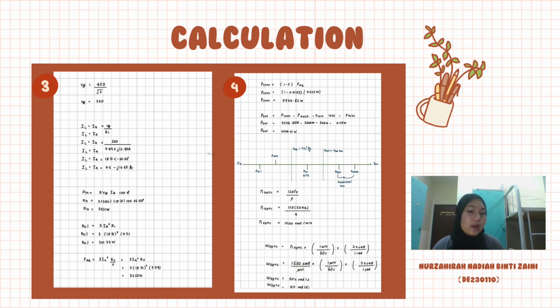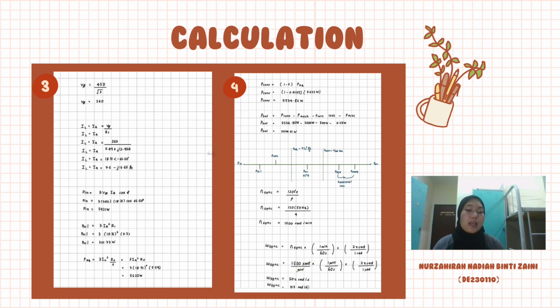Next, we need to find the P out. The formula of P out is P convert minus P core loss minus P misc. So we get the value of P out is 3034.61 watt.